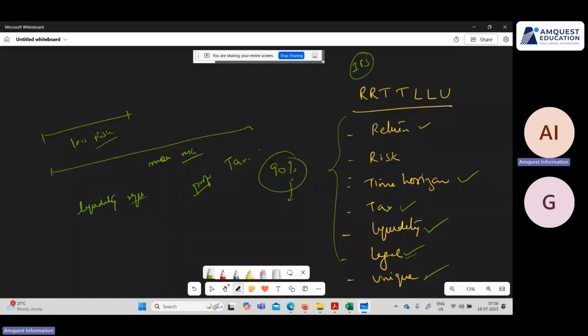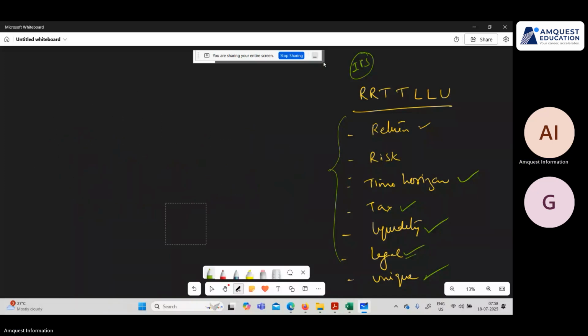Okay? Now, on the same lines, they talk about the asset size. Not really on RRTTLLU, but when it comes to investment, they talk about a few problems that we see.